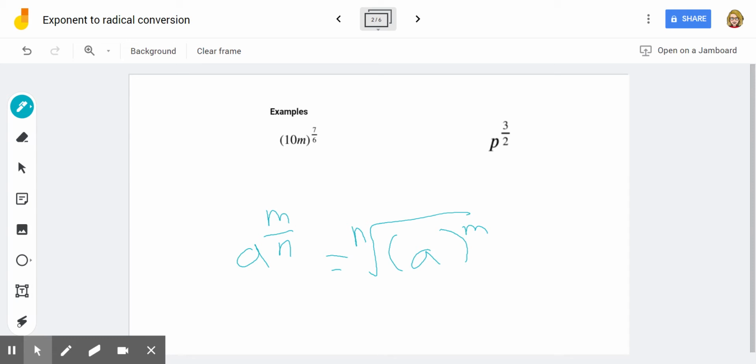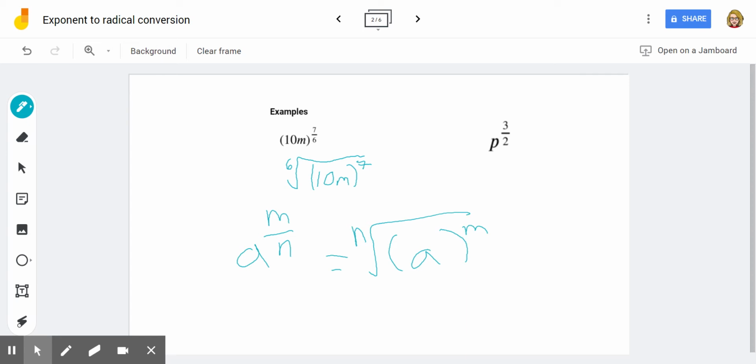So what I am going to do is take my denominator of my fraction, so the sixth root, and then write parentheses 10m, and then the top of the fraction, or the numerator, becomes my exponent. So it's the sixth root of 10m to the seventh power.